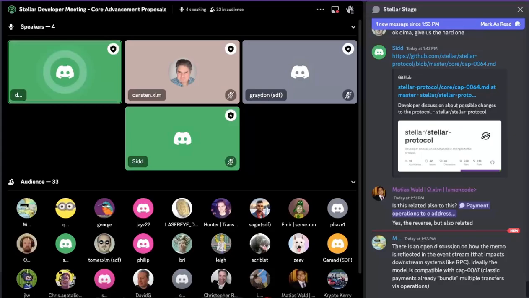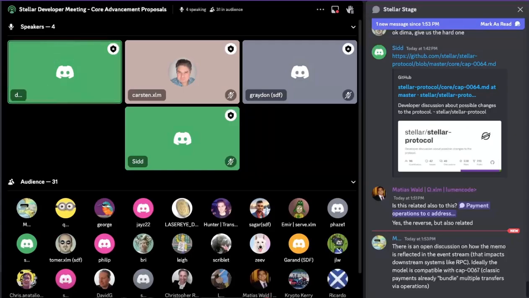So what this cap does is basically fix an immediate issue we have, but it does not close the doors for future modifications or coming up with new ways of multiplexing accounts in Soroban. But this one seems like the best thing we could do.